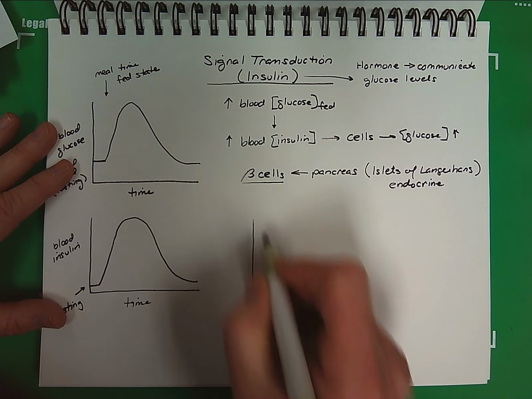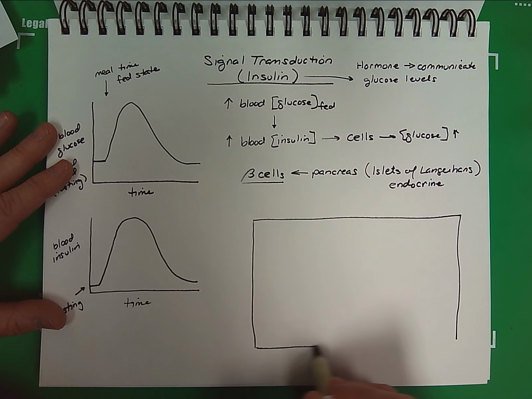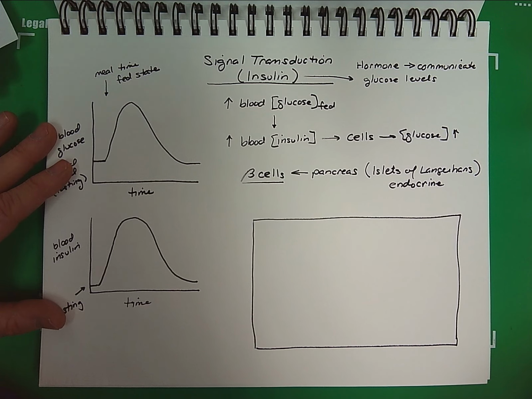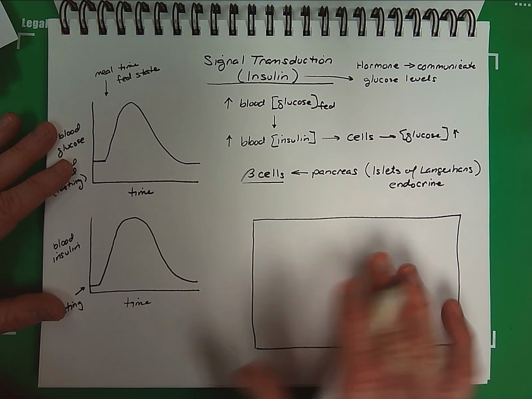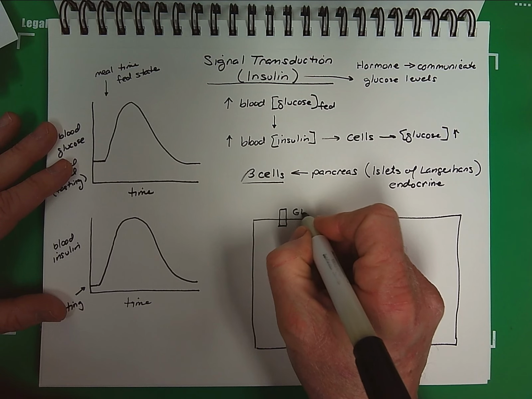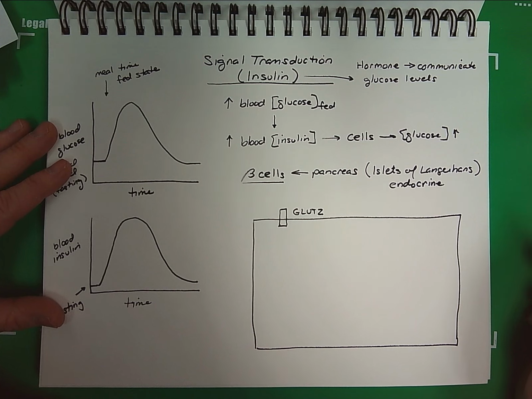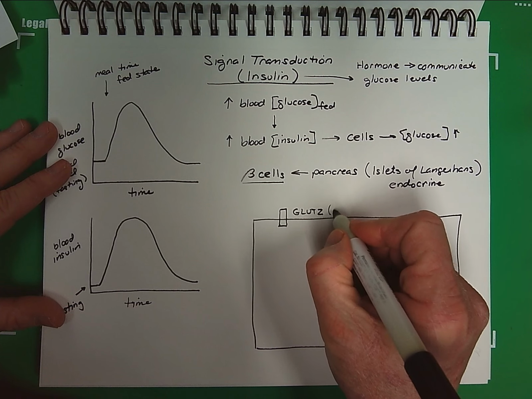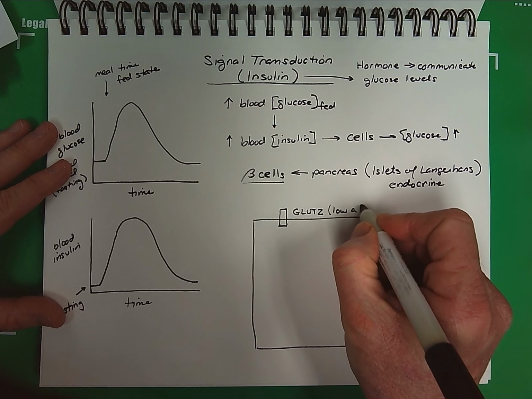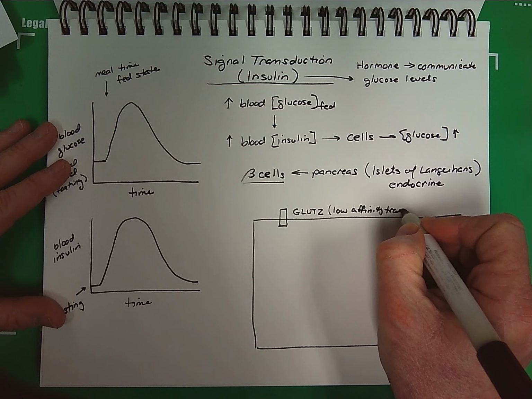So how does the beta cell do this? Well, we need to look at the metabolism of glucose. If this is a beta cell, we have on the surface of beta cells a specific glucose transporter, GLUT2. Recall that GLUT2 is a low affinity transporter.